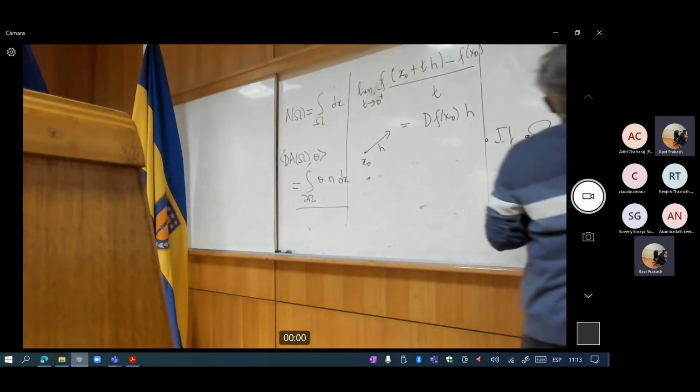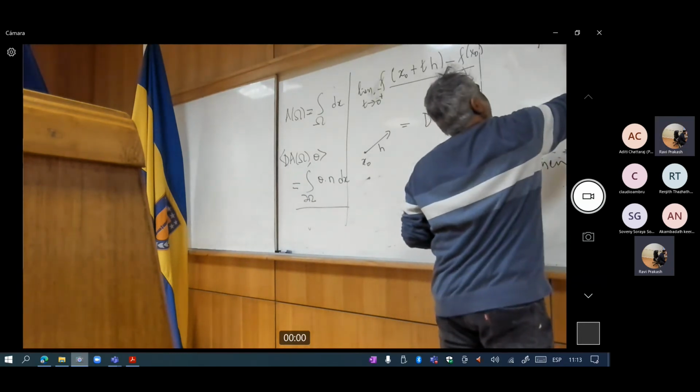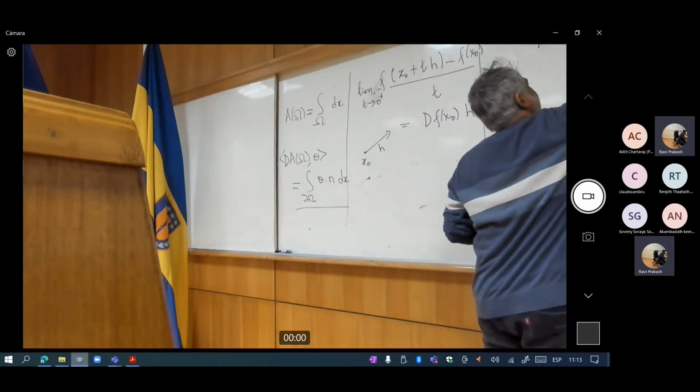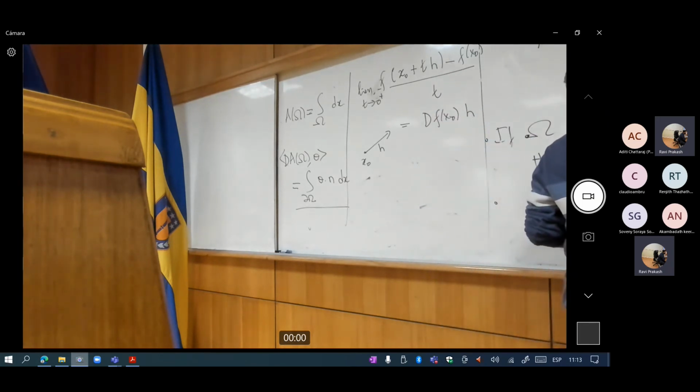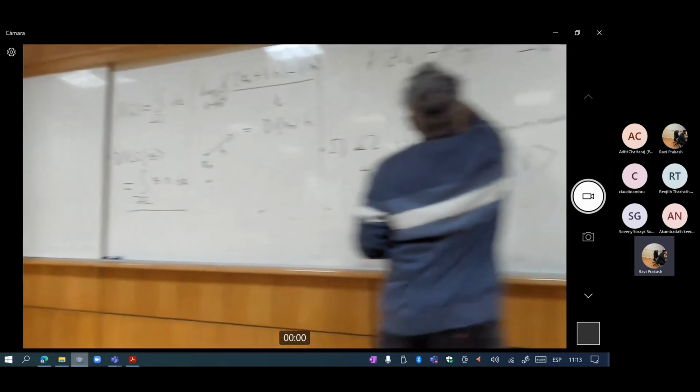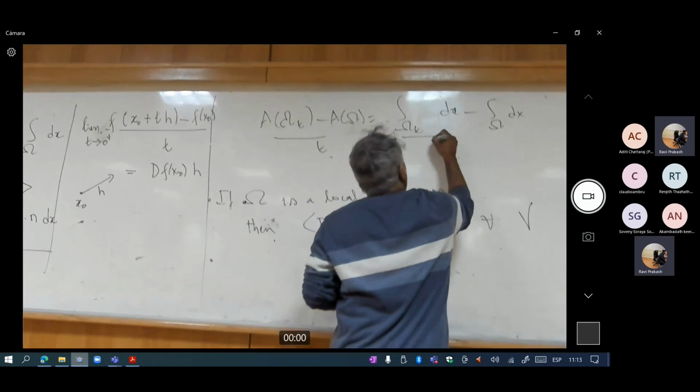So for the area, it will be A of omega t minus A of omega.